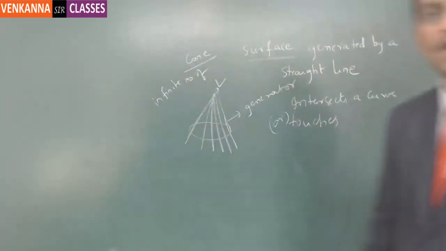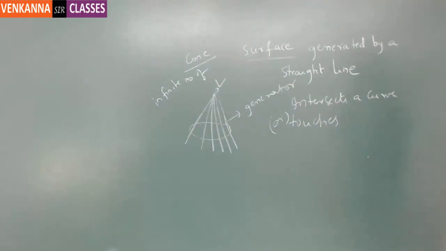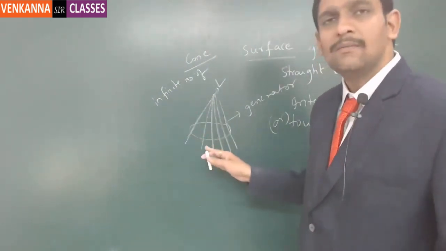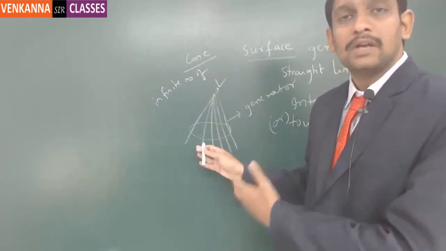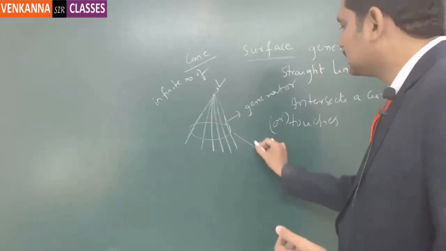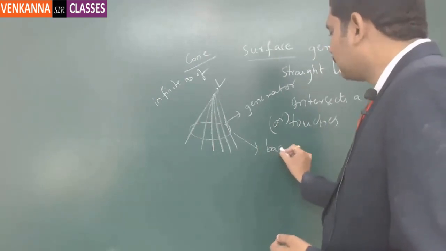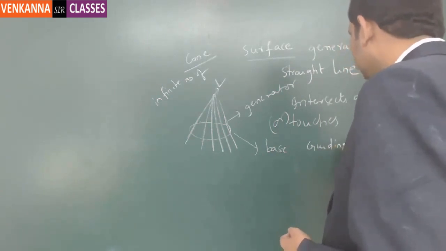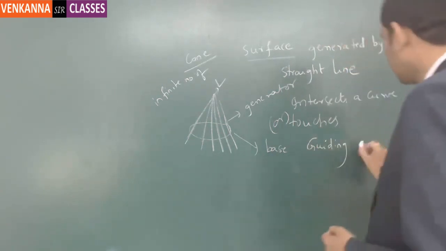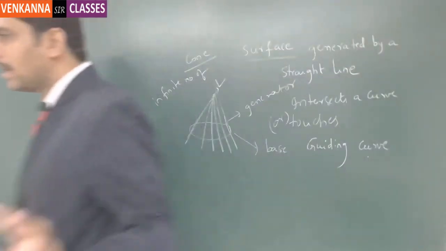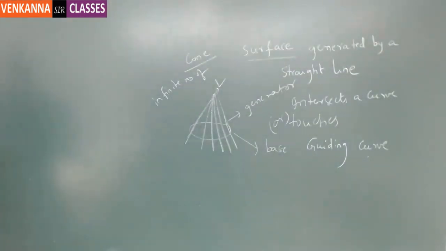Now, the curve where the generator is intersecting, that we call the base curve or guiding curve. So this is all about the definition of a cone.